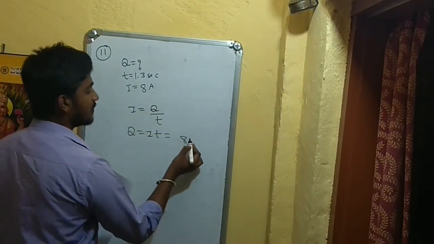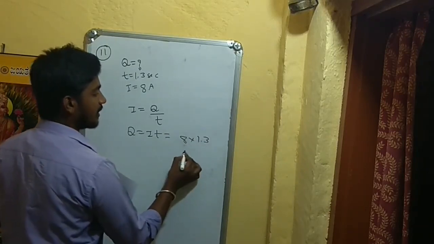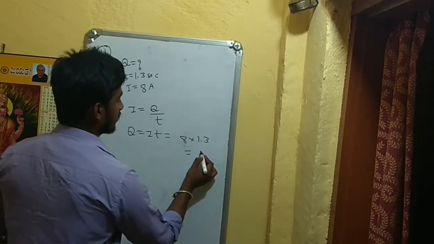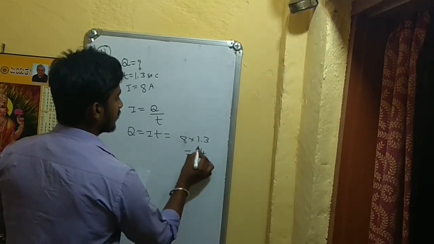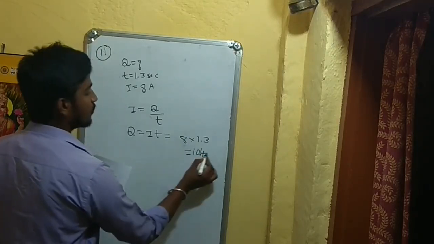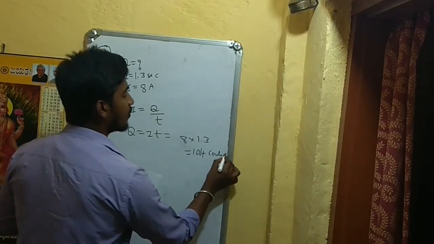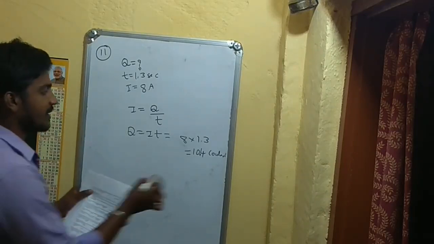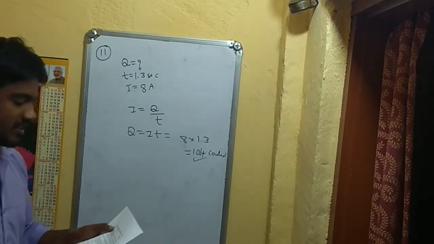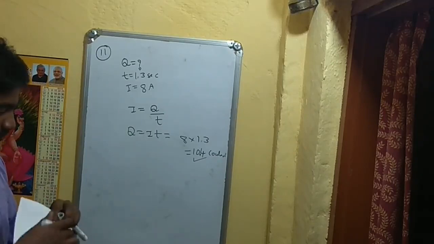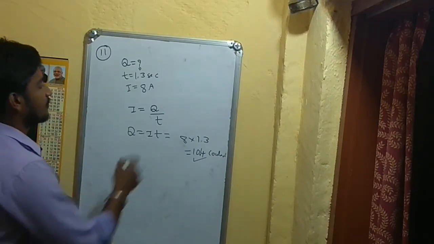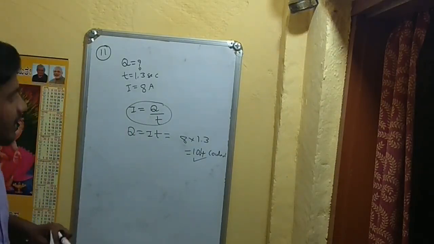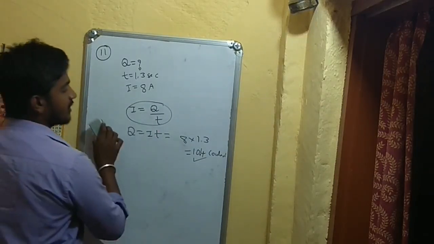I is 8 into 1.3, it will be 10.4 coulombs. Option A 9.3, no. Option B 10.4. Option C 6.5. D none of these. So remember, this is also a very important formula. I is equal to Q by T, rate of change of charge. The basic definition.